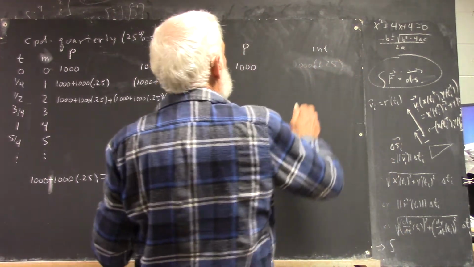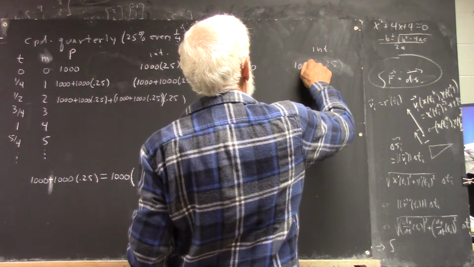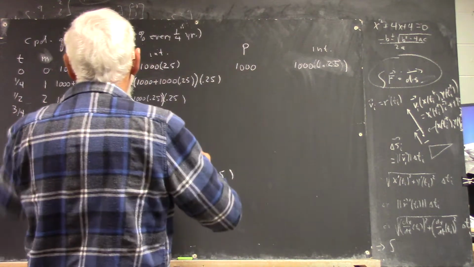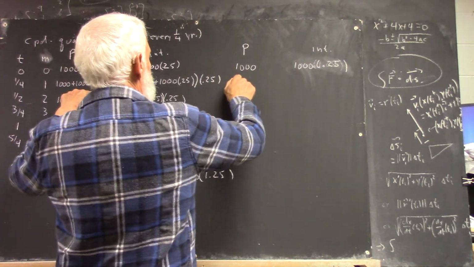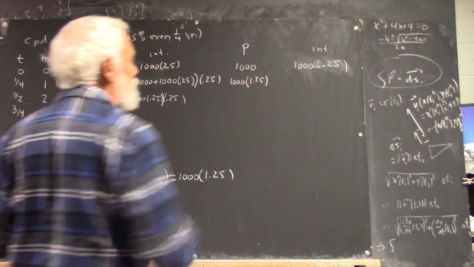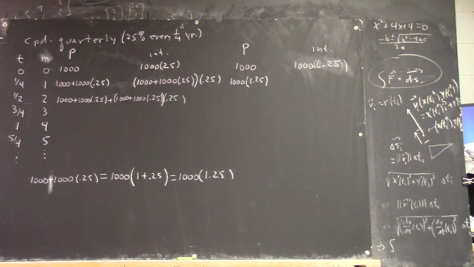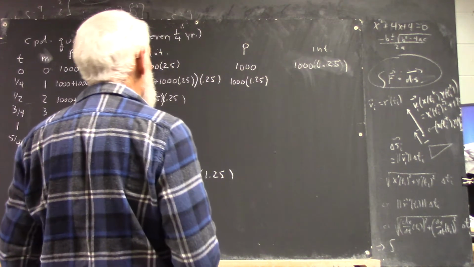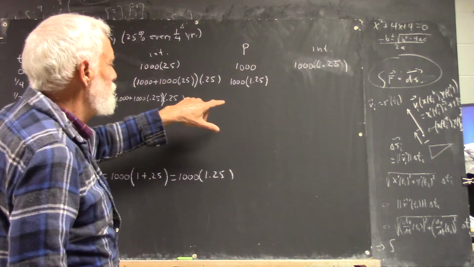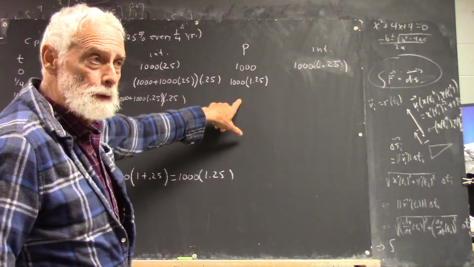My interest would still be 1,000 times 0.25, but now I can write this 1,000 down as 1,000 times 1.25. Now, I could write my interest here, but it becomes unnecessary to do it. I know what my next principal is going to be.